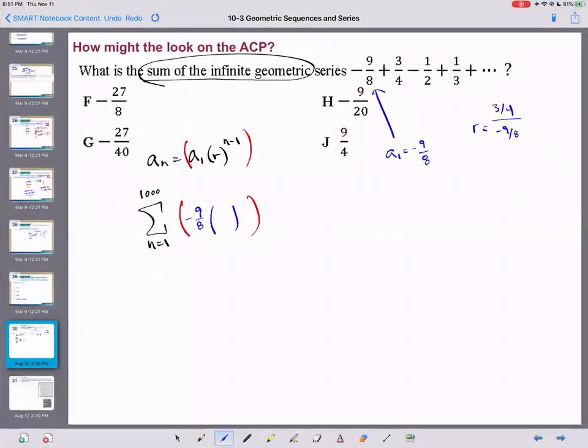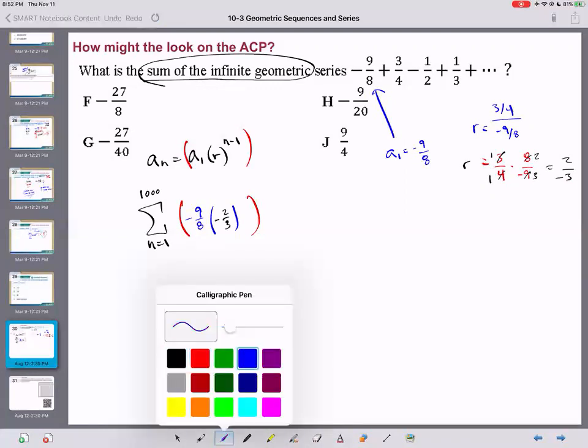And we could have done that because the rule with fractions, when you divide a fraction by a fraction, is you just multiply by the reciprocal. So that would have been equal to 3 over 4 times 8 over negative 9. And so we could have seen that this 3 will go into that 3 once, and the 4 goes into the 8 twice. So 1 times 2 is 2, divided by 1 times negative 3, negative 2/3. That is our ratio right there, negative 2/3. And all this gets raised to the power of n minus 1.